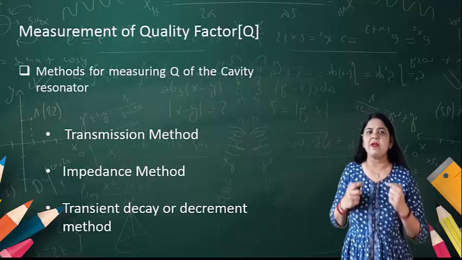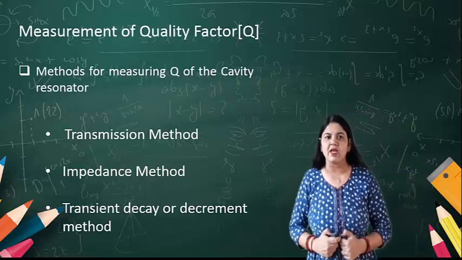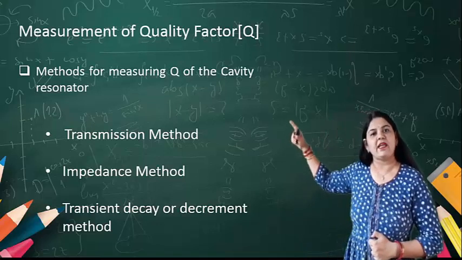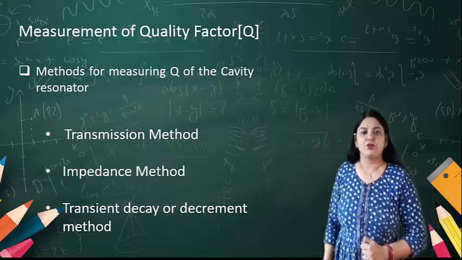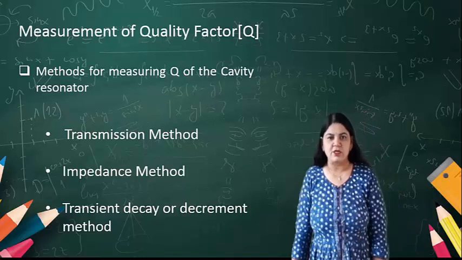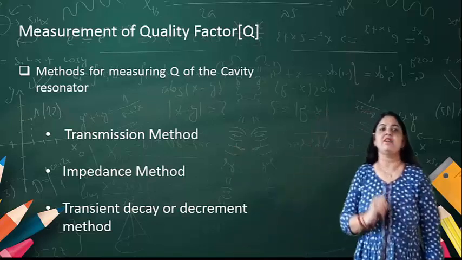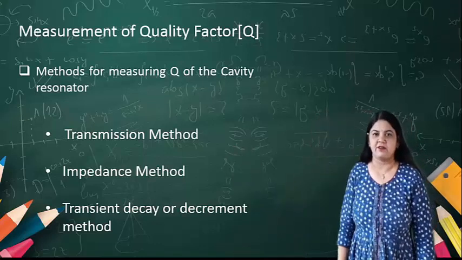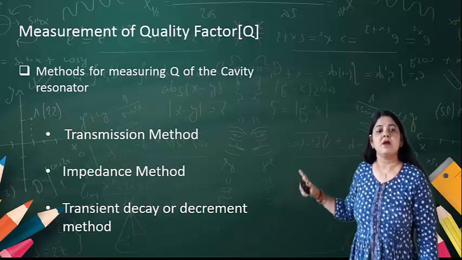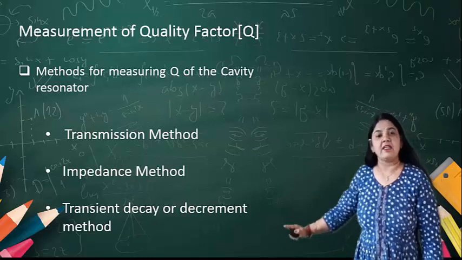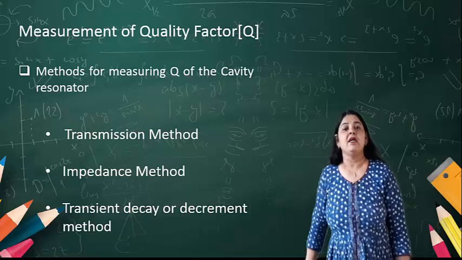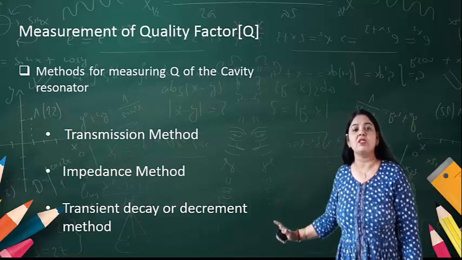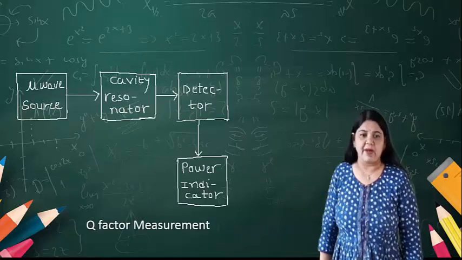The measurement of the quality factor can be done using 3 methods. Which are those 3 methods? The first method is the transmission method. The second method is the impedance method. And the third method is the transient decay or decrement method.